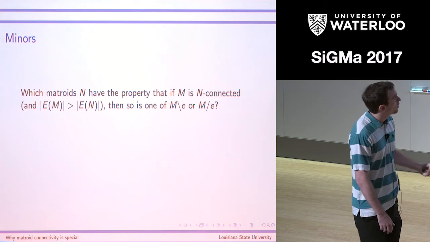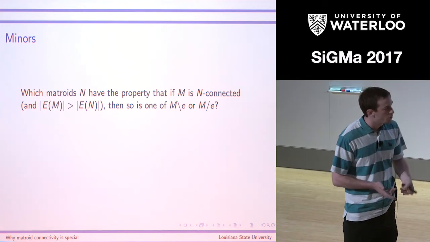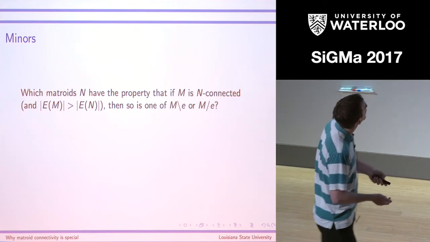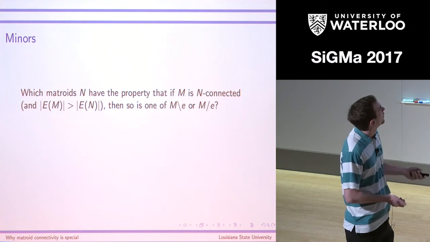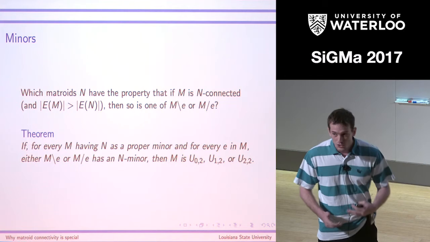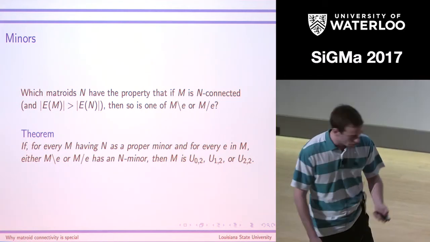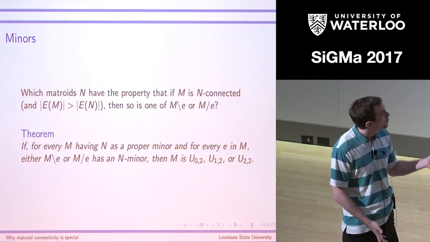So that other thing that I wanted to talk about, the minor induction property that Tutte gave us, there's only one connected matroid it works for, and that's U12. If we allow ourselves to consider disconnected matroids, we also pick up U02 and U22.